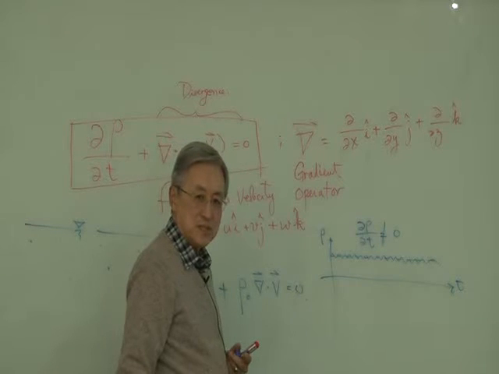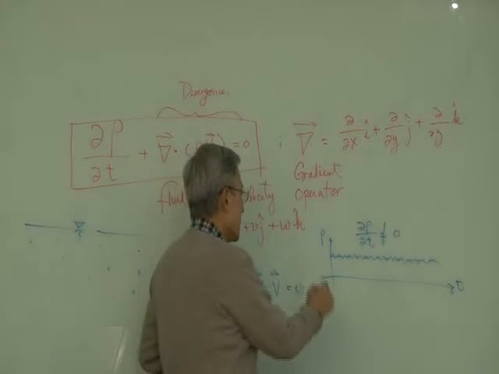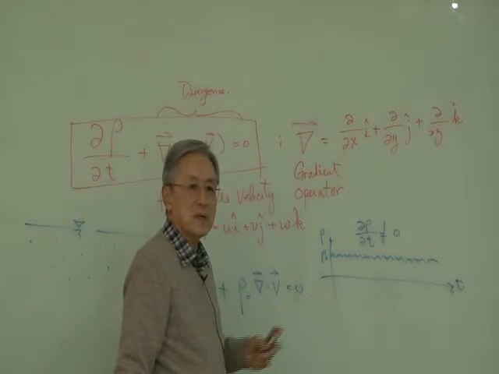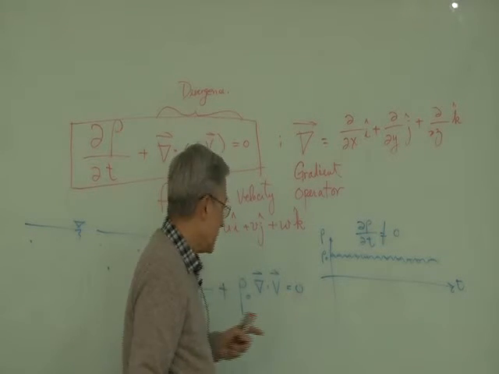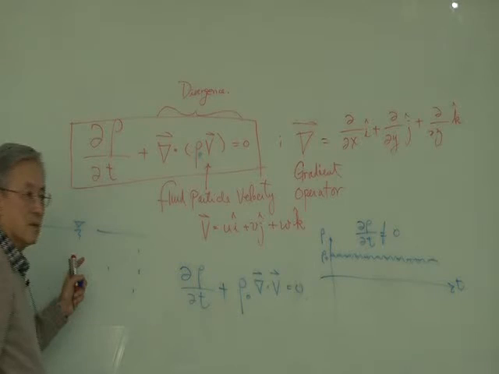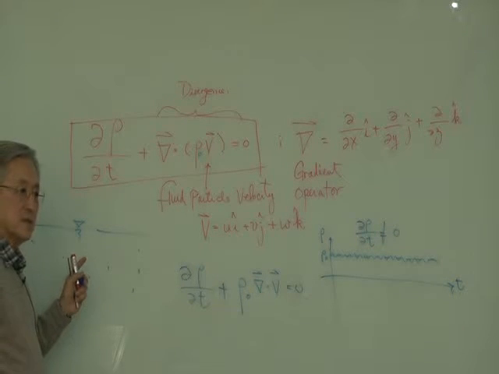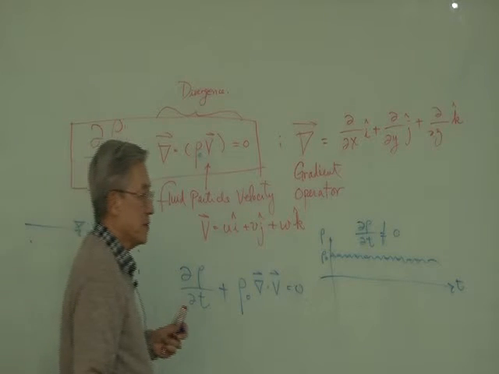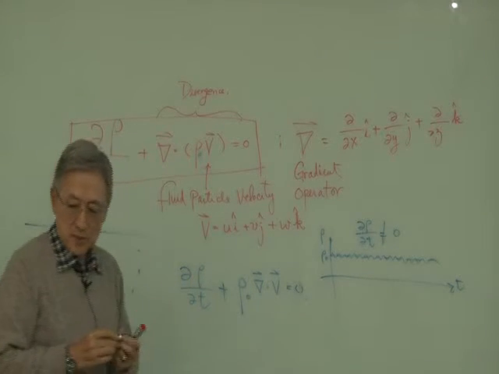That's compressive. But rho naught, magnitude-wise, is really nearly constant everywhere in the water. When you apply the spatial operator, then you can take them outside.